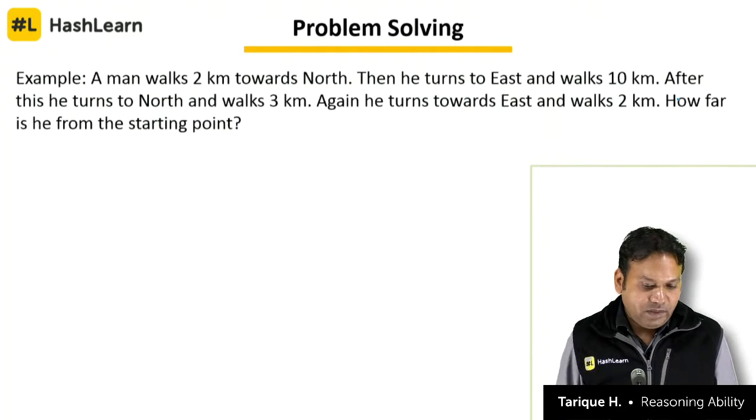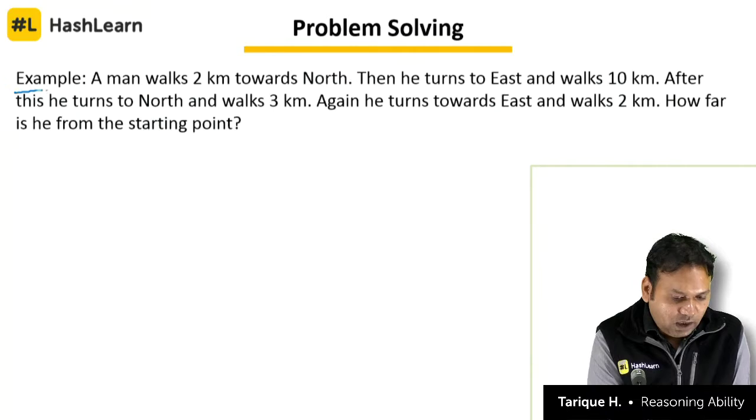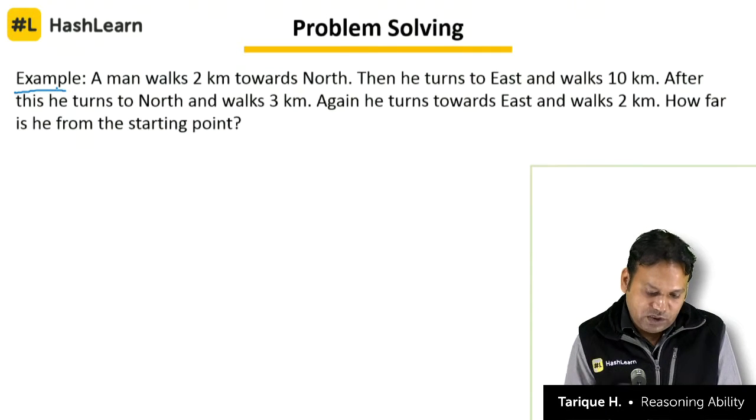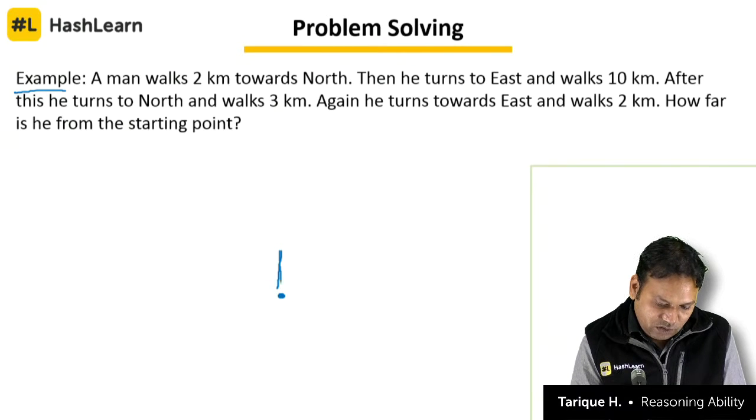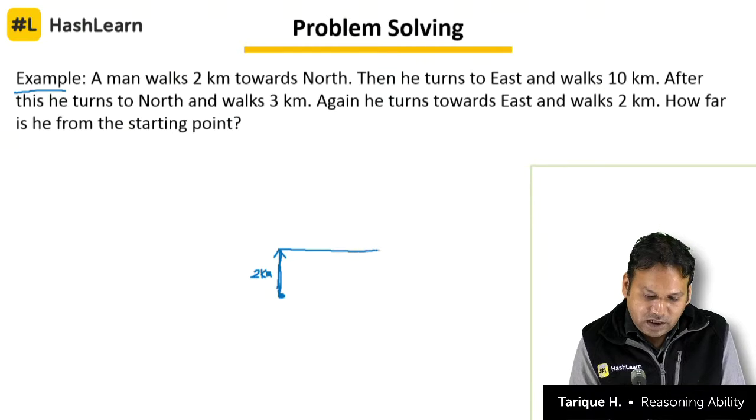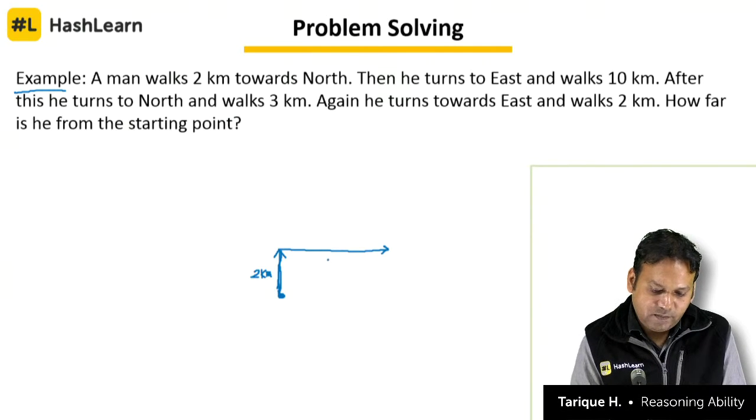Next we'll see another question. A man walks 2 kilometers towards north. Let's say this is the starting point. He walks 2 kilometers towards north. He turns east and walks 10 kilometers.